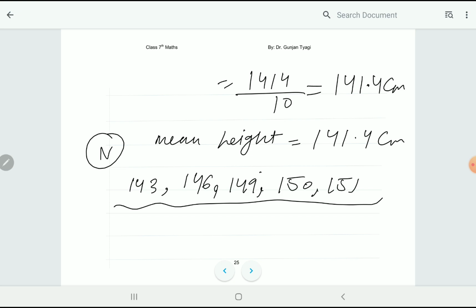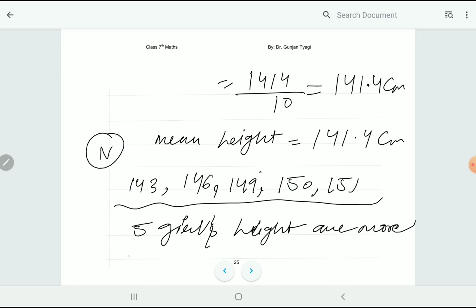So these are the heights. In total, 5 girls have height more than the mean height.